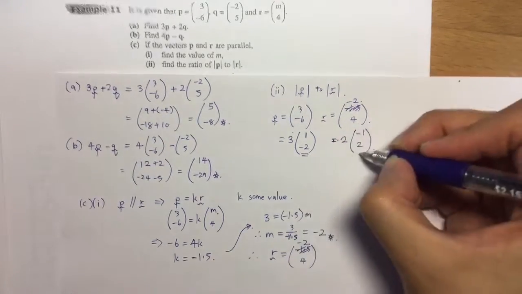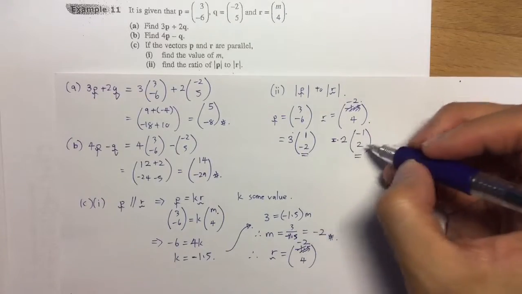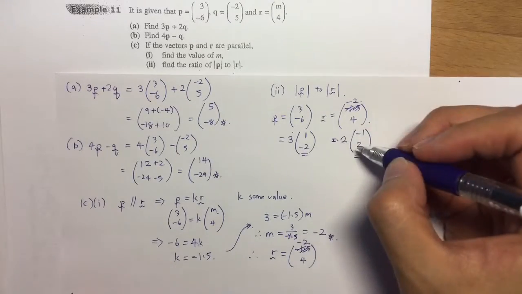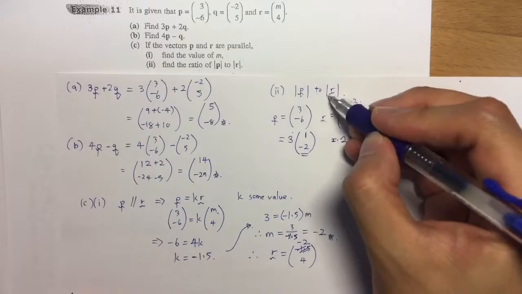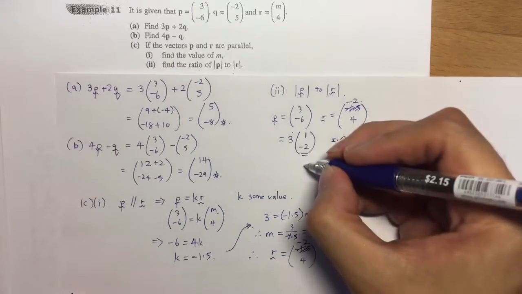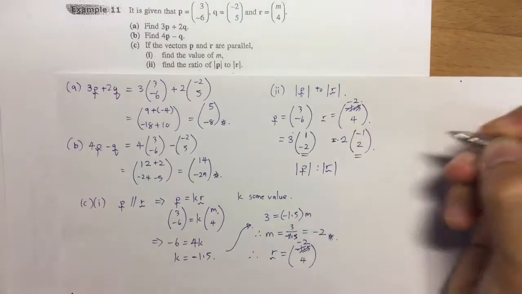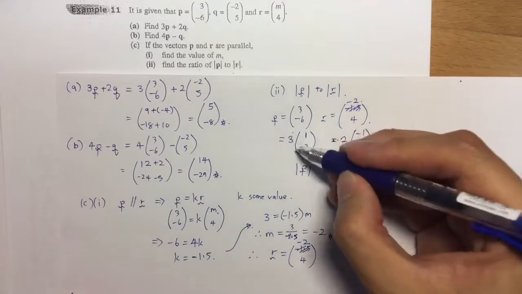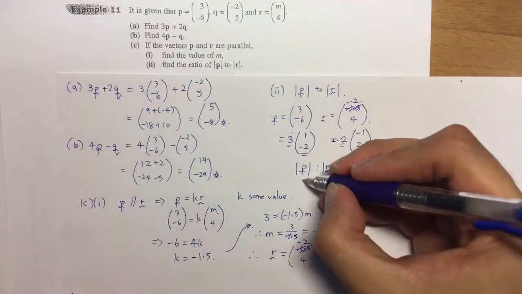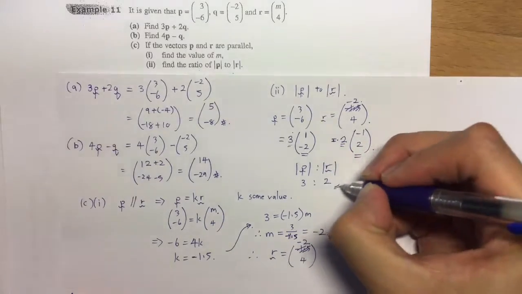Now look, these two are parallel vectors. So in terms of magnitude, p is to r is the ratio of, as you can see, 3 is to 2. That's it.